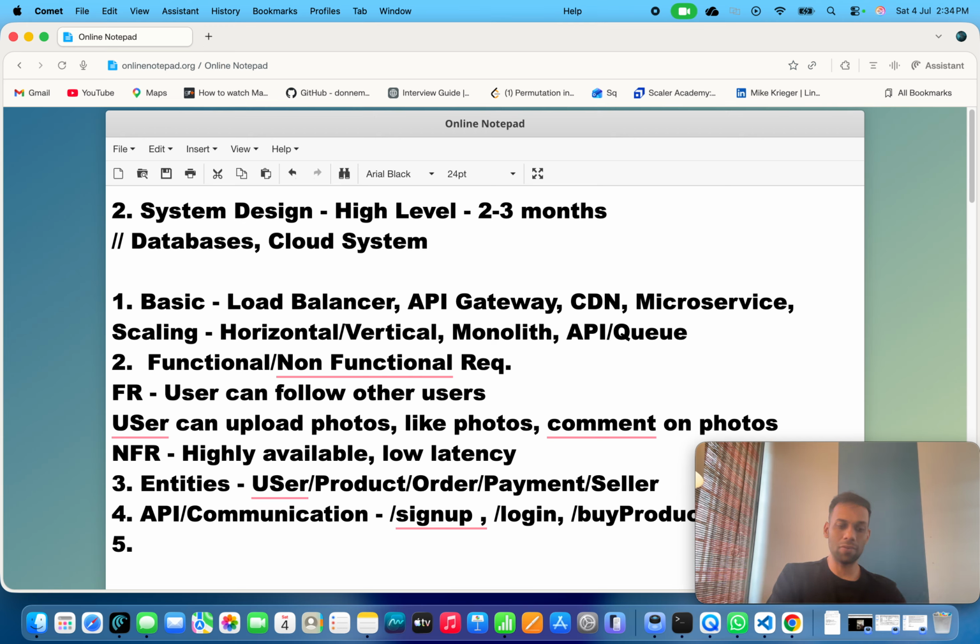Fifth is how you design the system. That's actually what architecture you are using. Are you using a client service architecture? If so, the client will be calling one of the servers. Before calling that server, if the load is huge and multiple instances of that server are running, then maybe a load balancer is there.